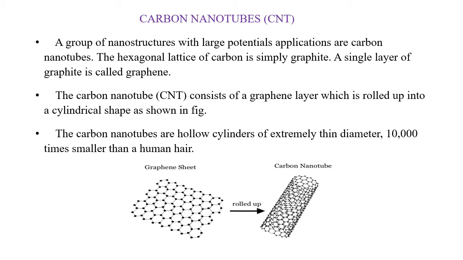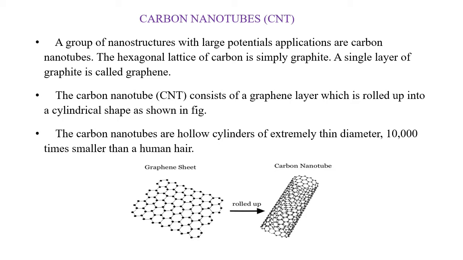A carbon nanotube consists of a graphene layer which is rolled up into a cylindrical shape, shown in the figure. When the graphene layer is rolled, the structure is tube-like and it is a single molecule. Each single-molecule nanotube is made up of a hexagonal network of covalently bonded carbon atoms.